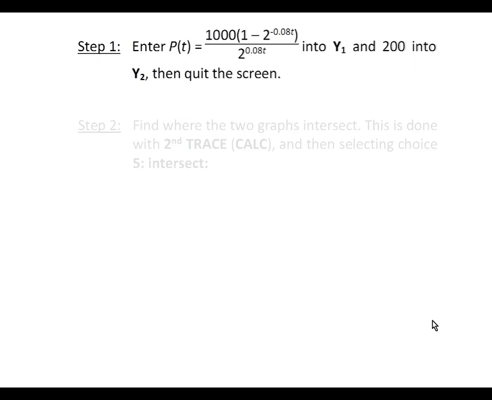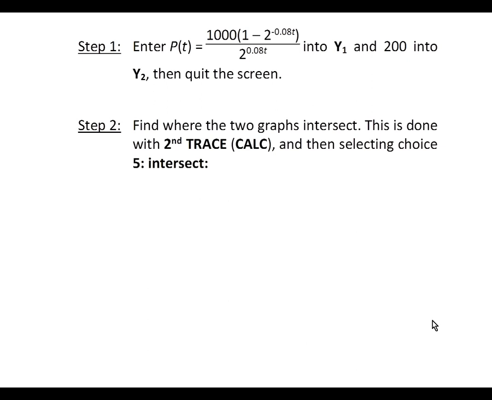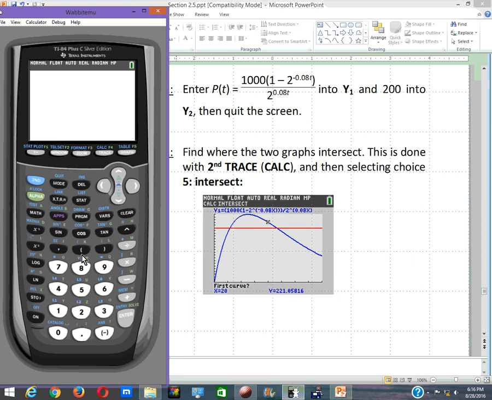Then for step 2, we're going to find where they intersect. So we're going to do second trace, choice 5. Notice there are 2 places where they intersect. So second calc, choice 5.